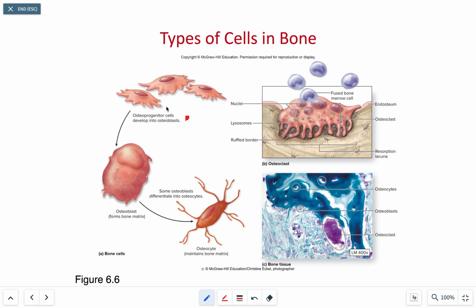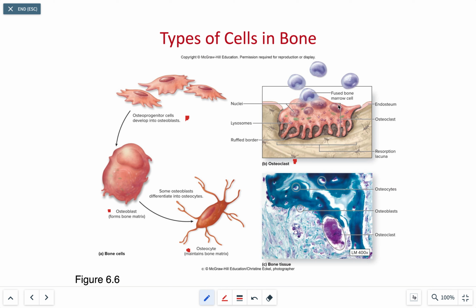These osteoprogenitor cells will then change into osteoblasts, which form the bone matrix. Some of the osteoblasts differentiate into osteocytes, which are mature bone cells.